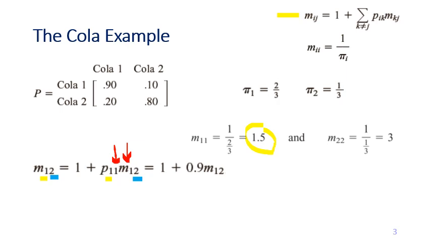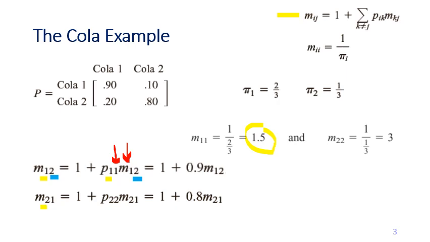You need to be very careful because here you need to list all the possible states K which are not J. If you have, let's say, 10 states, you will have a much longer equation because you have a lot of states K which are not J. Let's take a look at another example, M21.